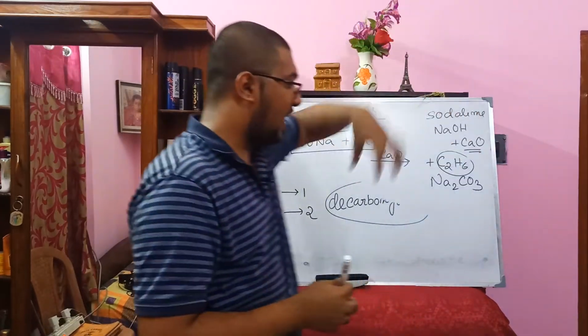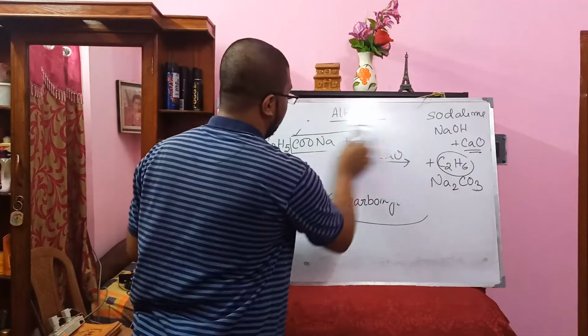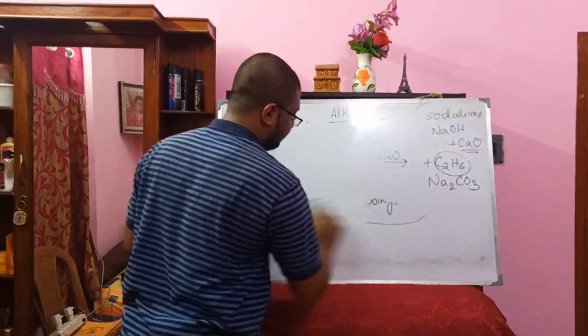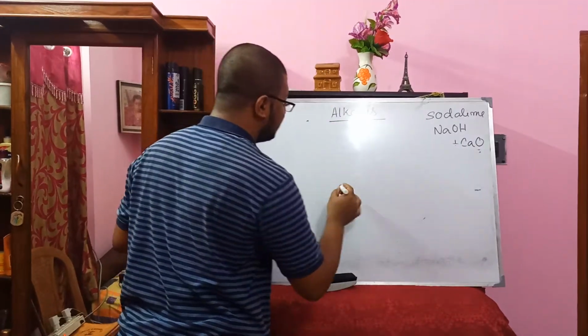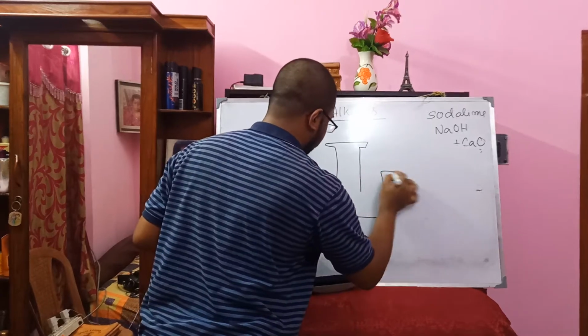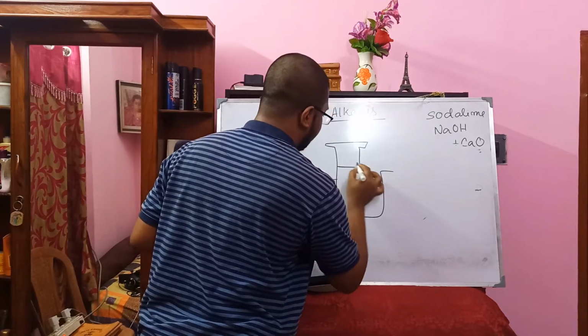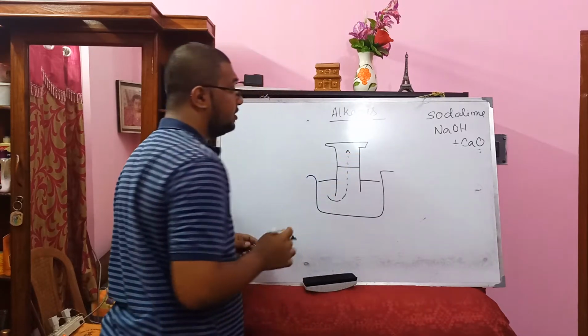You will place a flask containing water in a water trough. So what will happen? The gas will be moving in the form of bubbles to the upper part. Why?